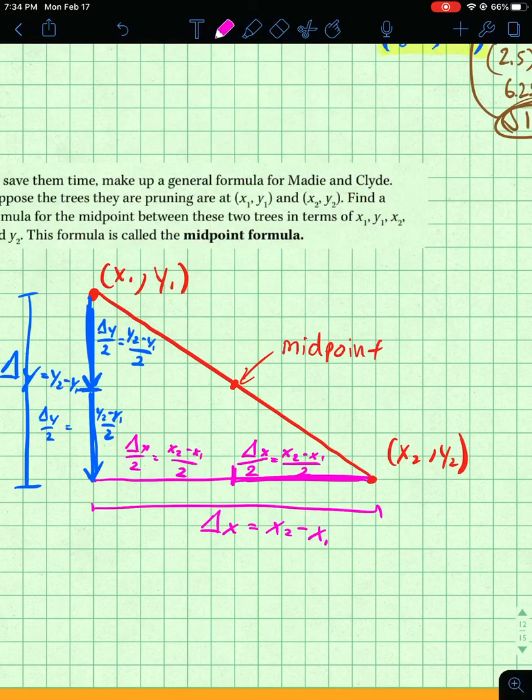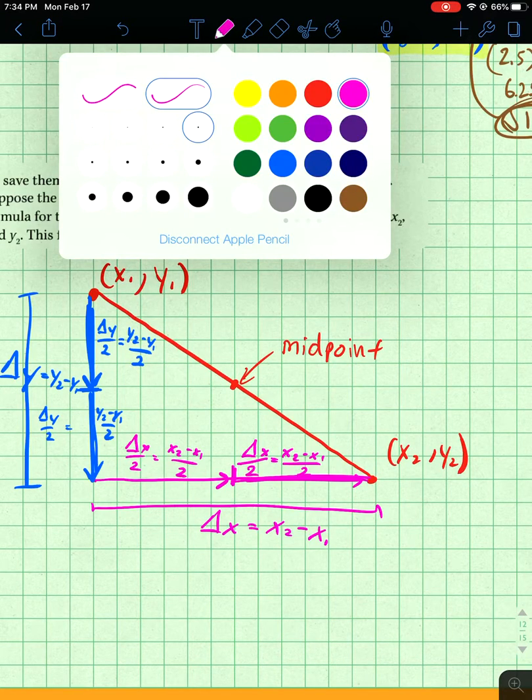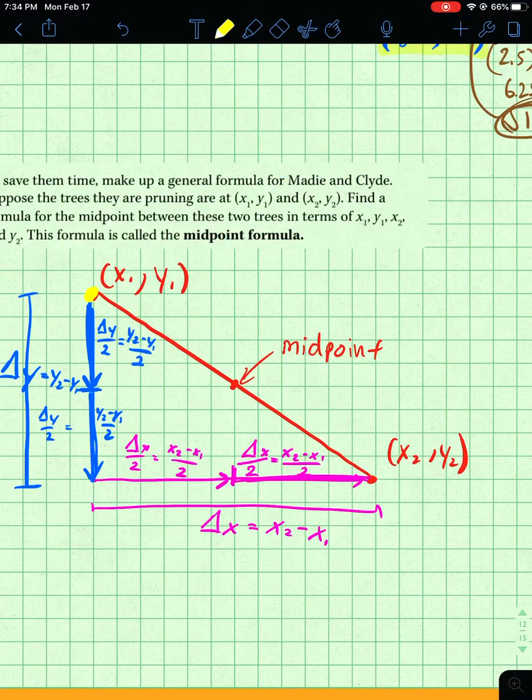Okay, it goes like that, and like that. So if we consider the start to be maybe right here, I start there. If I go down this distance, and then I go over this distance, I'm going to end at my midpoint. So in other words, if I start at x1, y1, I can add on this change, which we know what it is.